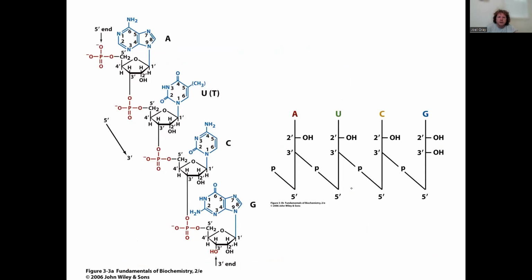So here what we have is an example of a molecule going in the 5' to 3' direction. What we care about is identifying the bases. And one of the things that I think is always important when you look at a molecule like this, a very low-hanging fruit question would be something like, is this a DNA or RNA molecule?